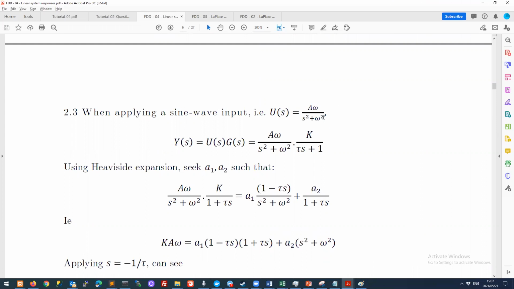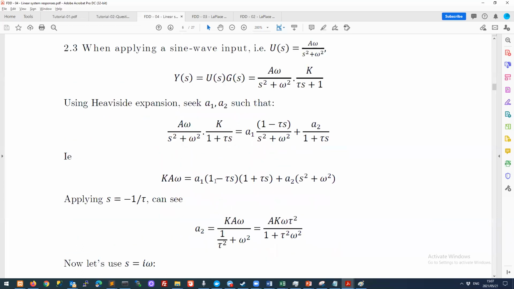Well, your Laplace transformation looks like this. And then again, you multiply the input function by your process function, and then you seek to do a partial fraction expansion, and you can use the same trick again.